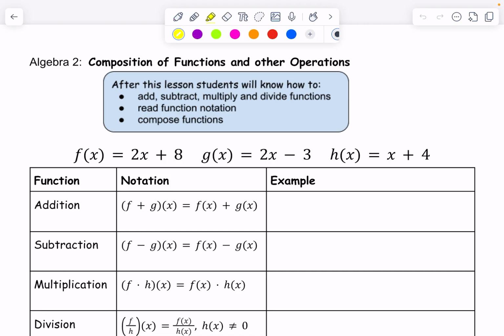Now, when we look here, we start off with 3 functions, okay? And as you look through the examples, you'll see my h of x pop up.